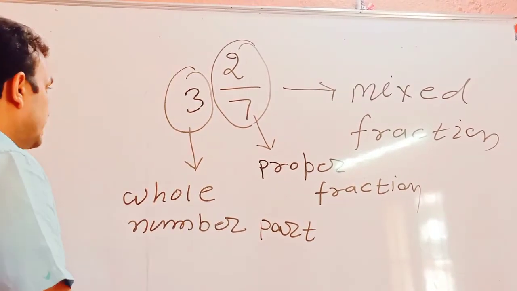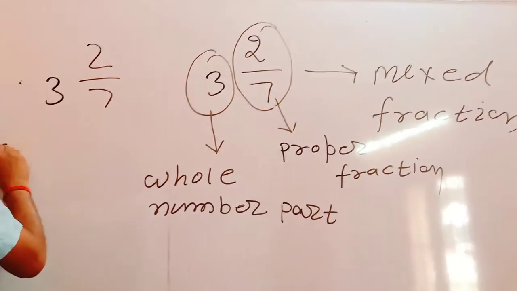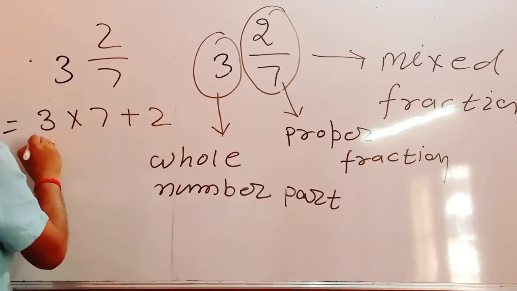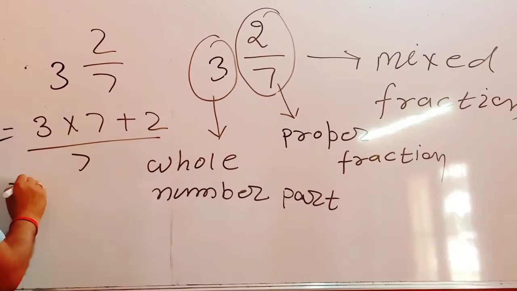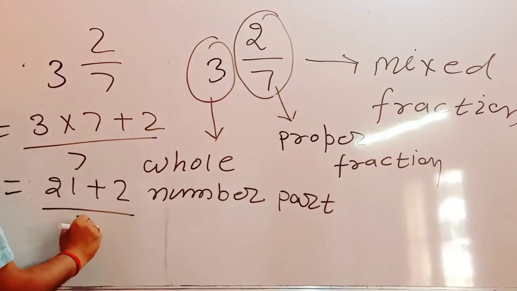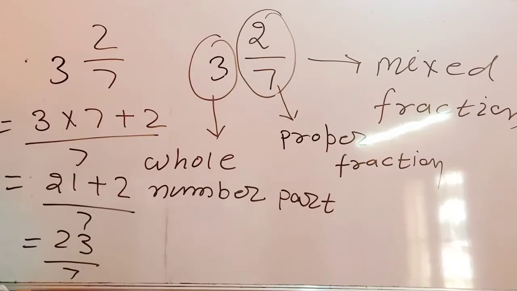Let us suppose 3 2 by 7 means 3 multiplied by 7 plus 2, over 7. 3 sevens are 21, plus 2, equals 23 by 7.